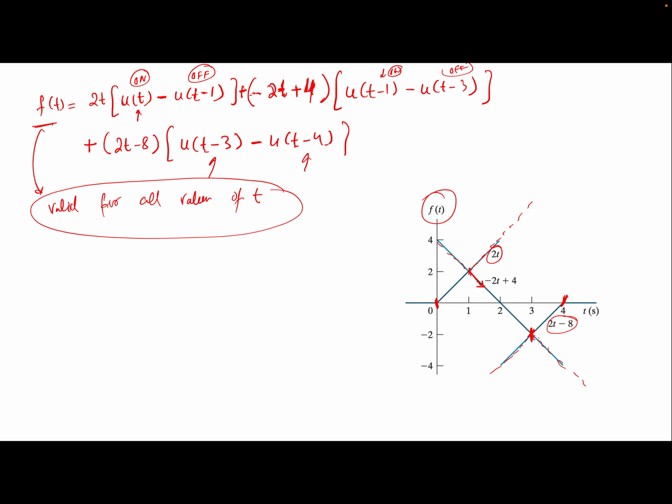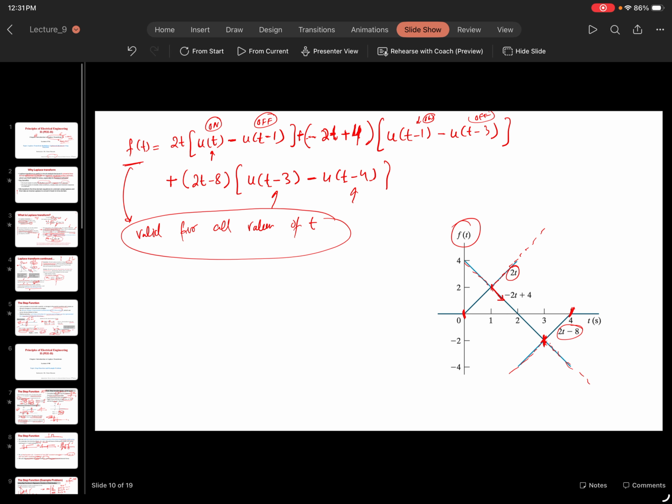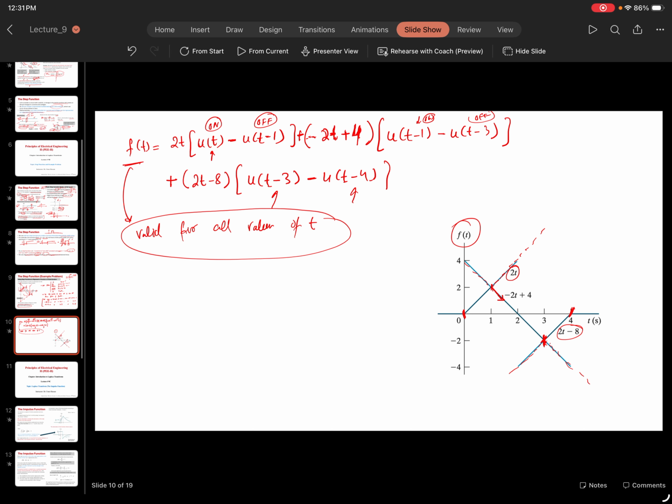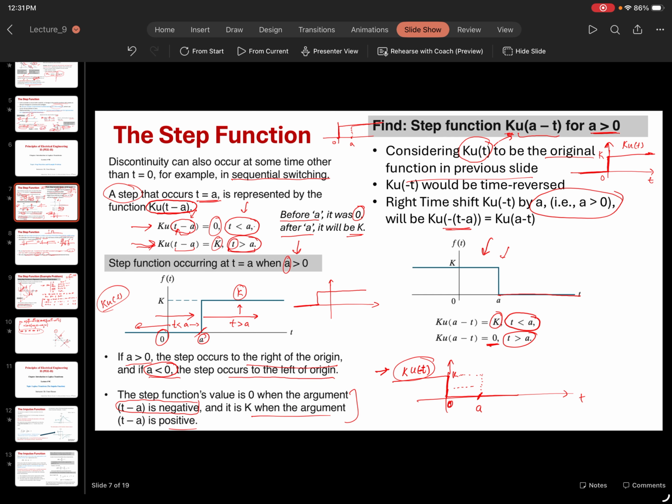So in this part of the lecture, we end the step function part. We talked a little bit more about the step function, where we were interested in looking at how our switching can happen at any other time. It can happen at t is equal to a as well, so you can just time shift it.